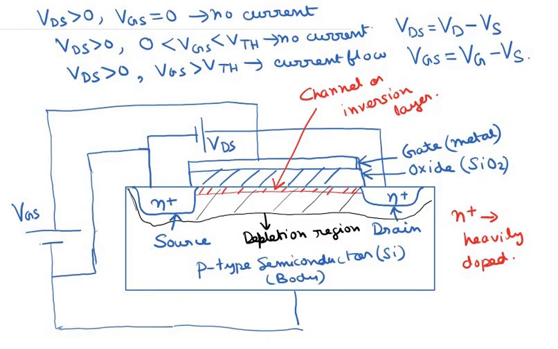Because the gate is the input terminal and no current can flow through the gate into the p-type body, the MOSFET has a very high input impedance. Input impedance, as we discussed for the BJT, is the resistance seen at the base of the transistor. Similarly, the impedance seen at the gate is the input impedance of the MOSFET.